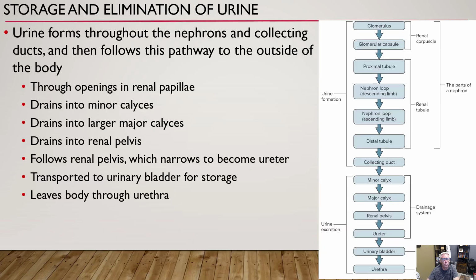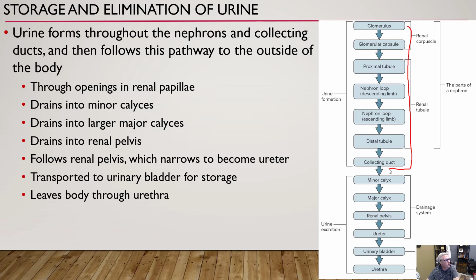All right, so once the kidneys do their thing, once the nephron does its thing, we've already talked about the glomerulus, the glomerular capsule, the proximal tube, the distal tube, and now it goes into the collecting duct.